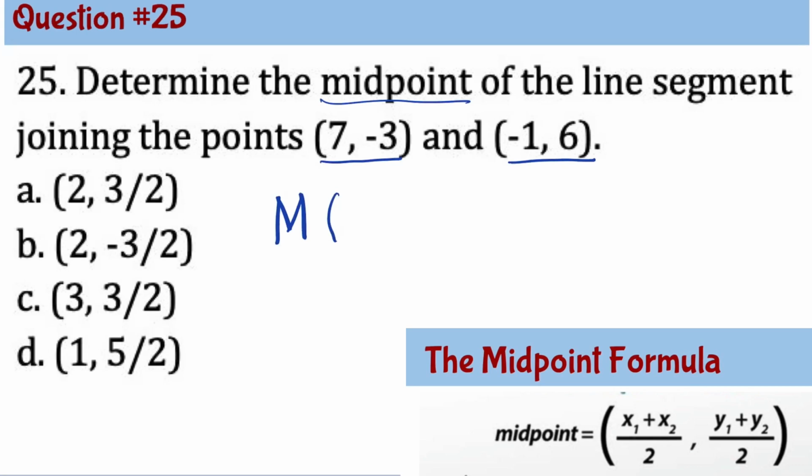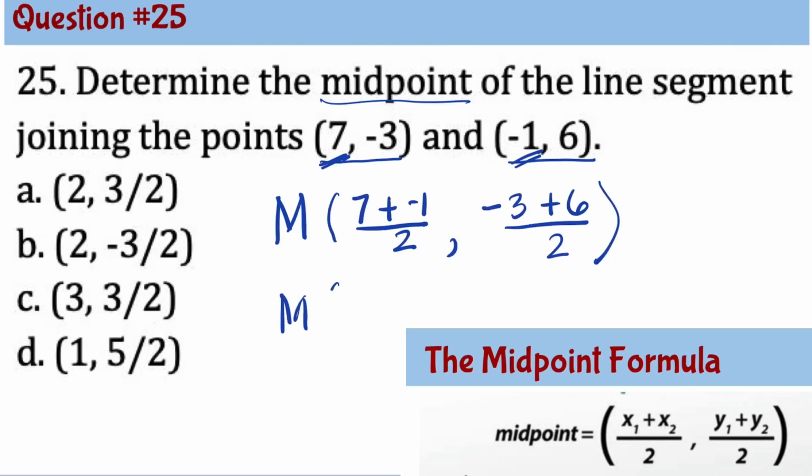So the x values are 7 and -1 divided by 2. Average means you need to add 7 and -1, and then you're dividing by 2. That will be the x-coordinate of your midpoint. For the y value, we also need to add -3 plus 6 and then divide by 2.